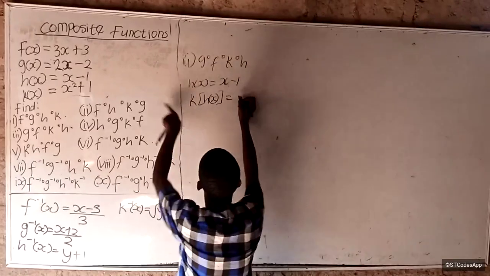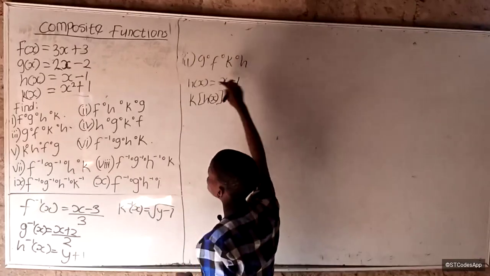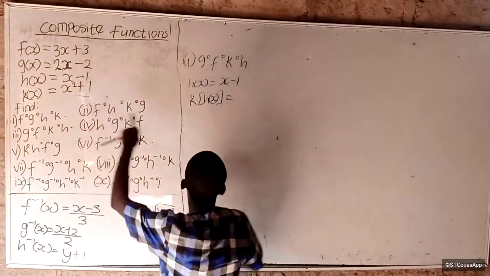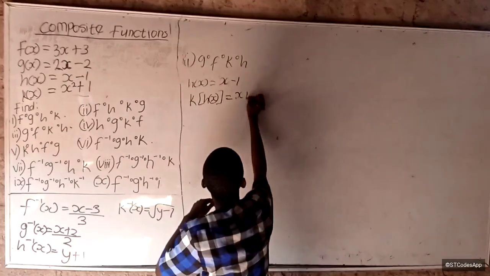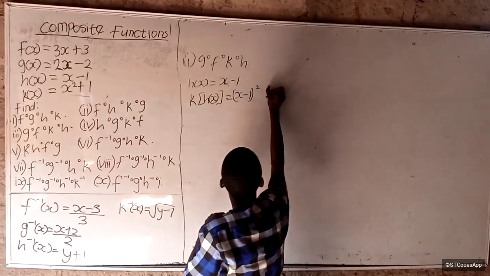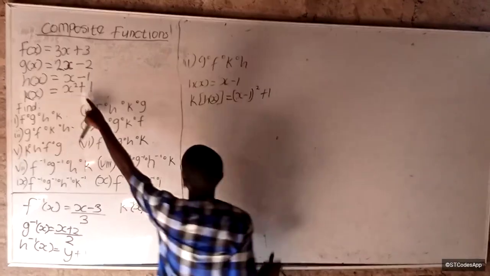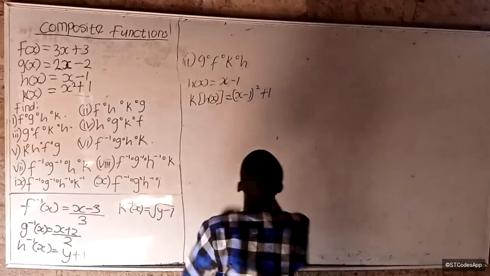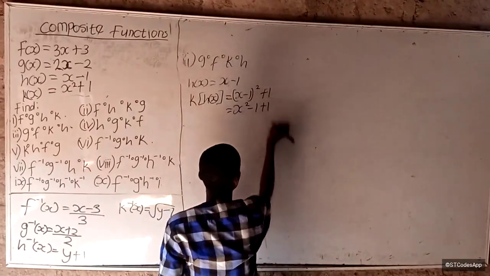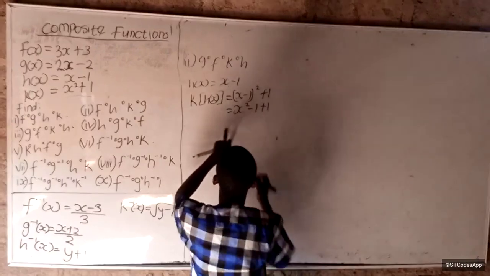So this x minus 1 will represent our x here. So we have x minus 1 all squared plus 1.